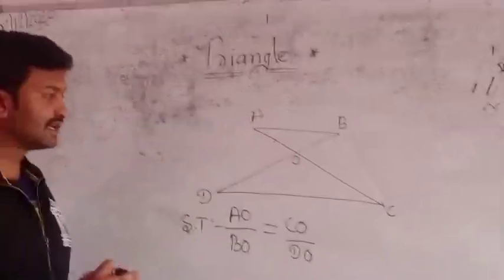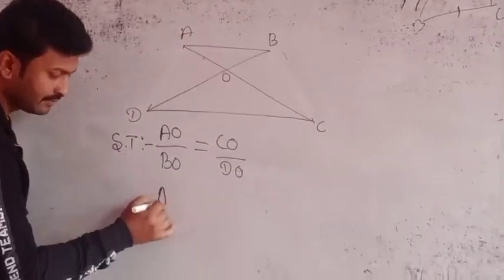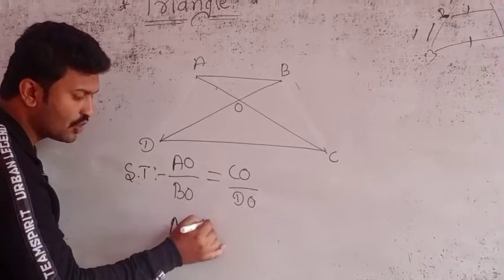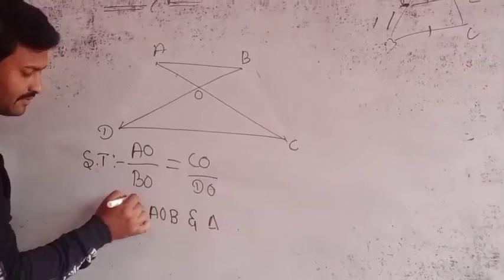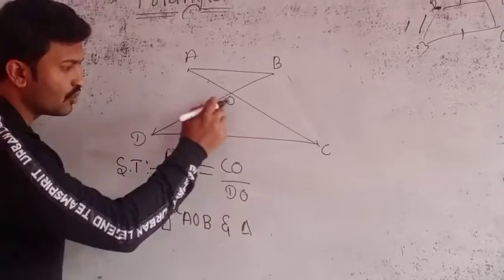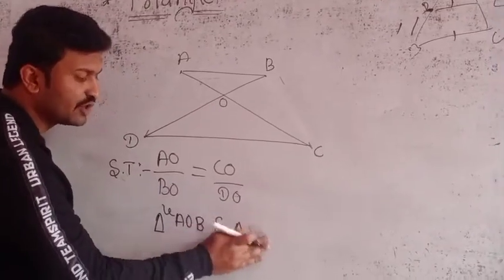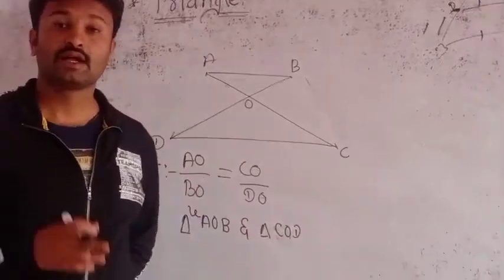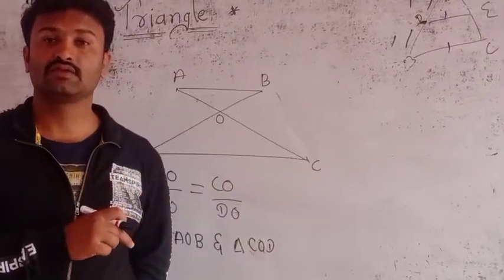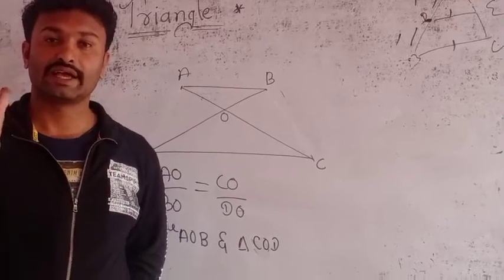Which are those? Triangle AOB and triangle DOC or COD. In these two triangles, in the introduction we discussed SAS.